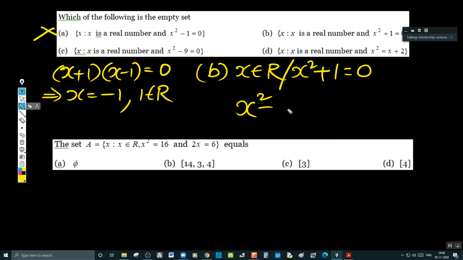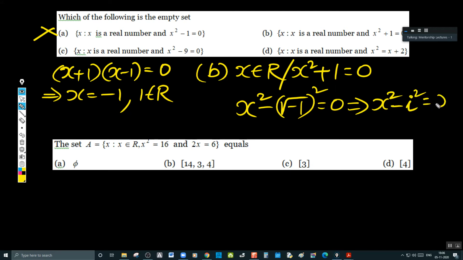For your better understanding, I am writing this: square root of minus 1 whole square is equal to 0. What I mean to say, this is an imaginary number. X square minus i square is equal to 0. So you will get x is equal to minus i or plus i.